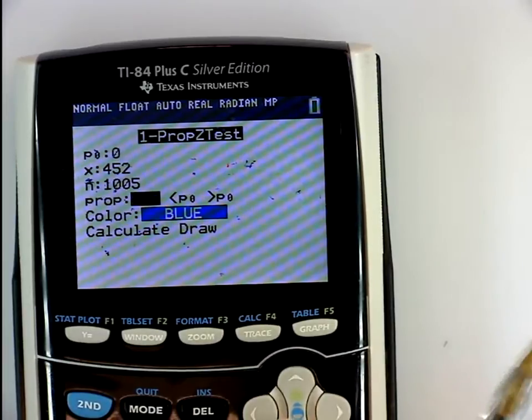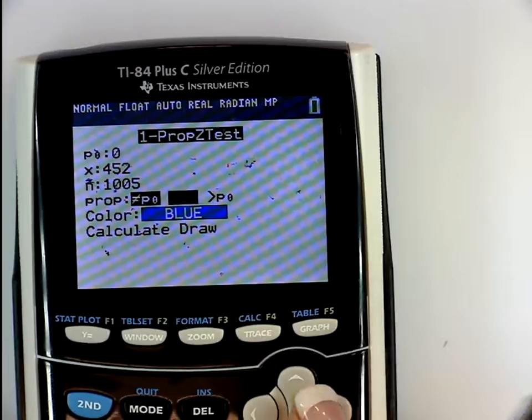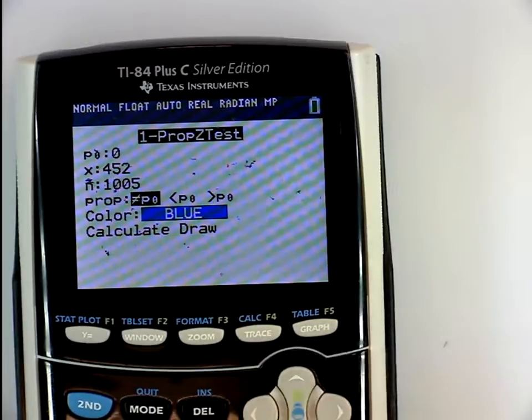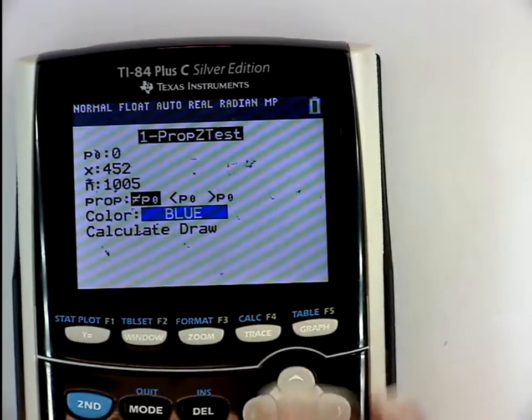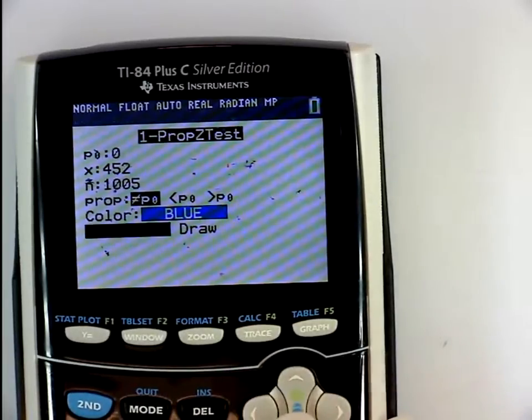And then these three options, not equal to, less than, and greater than, you are telling the calculator what your alternative hypothesis should be. And therefore, it's two-tailed, left-tailed, or right-tailed. And then finally, calculate. I will be utilizing the calculator when I go over the very first problem with you guys.